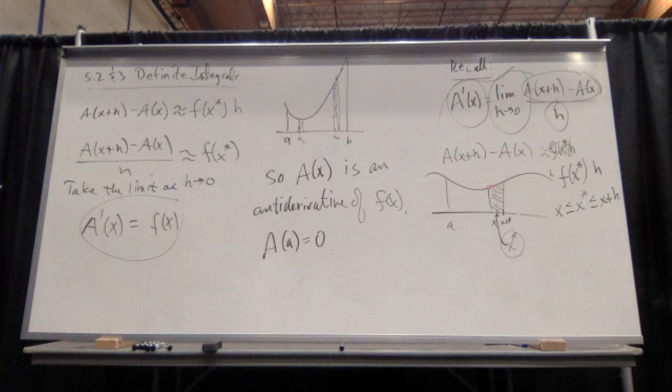There was a problem like that on the test, but it had constant acceleration, so you didn't need to rederive it. You could just use the formulas we worked out. So if it's A of a, it's like integral from a to a, which is 0. Yes, that's how we know that.